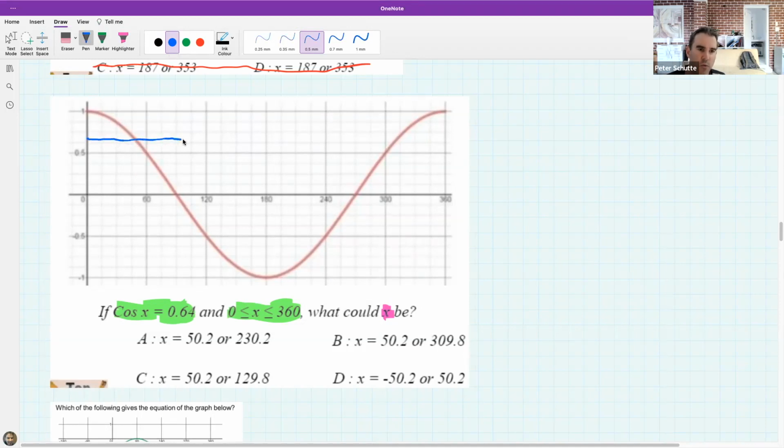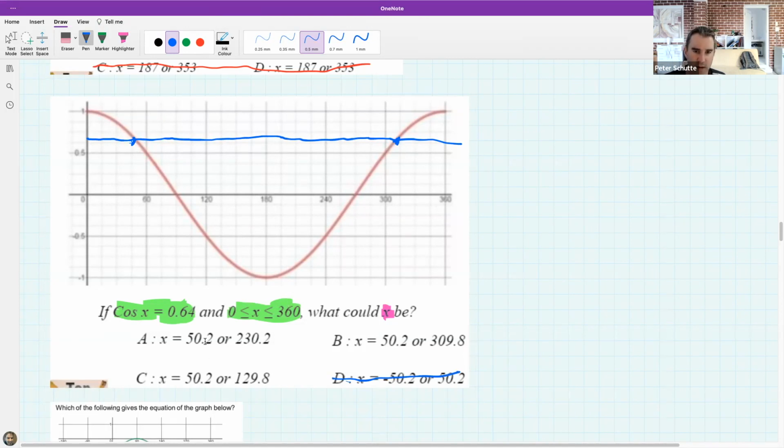And so you imagine, when does 0.64 cross into the cos graph? And it looks to me like it can't be this one right now. Or it could actually, well, we're not looking at the graph though. It says 0 to 360. Now 50.2 looks reasonable.